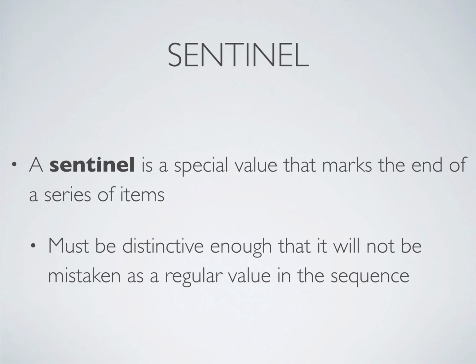If the user types in nothing, they just press enter, that could be the sentinel. It's distinctive enough from a regular value in the sequence, which would be someone's name, that Python will be able to check whether it's that other thing. You could also use the string with the word done in it, checking whether the user types in done, or if they type in 0. It just has to be a distinct value.